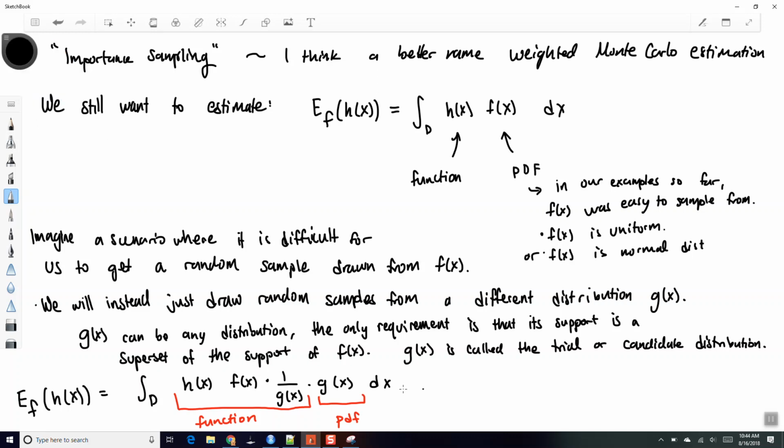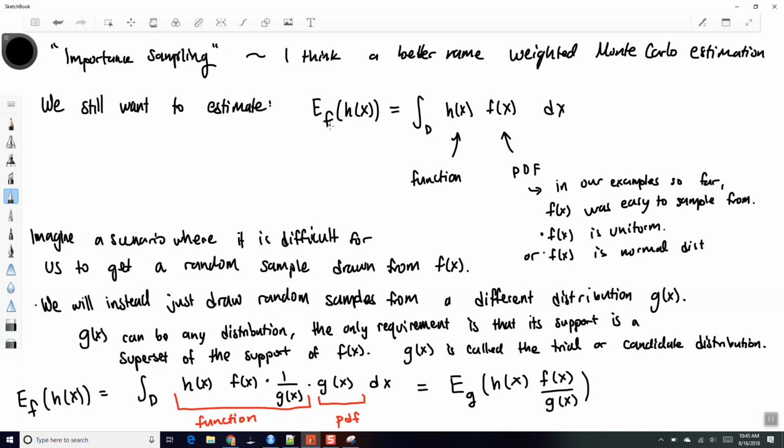So the expected value of h of x, where x is drawn from f, will become the expected value of h of x times f of x divided by g of x, where x comes from the distribution g.